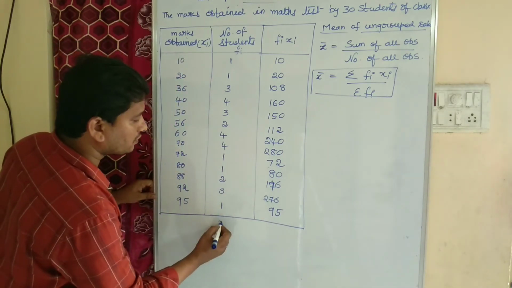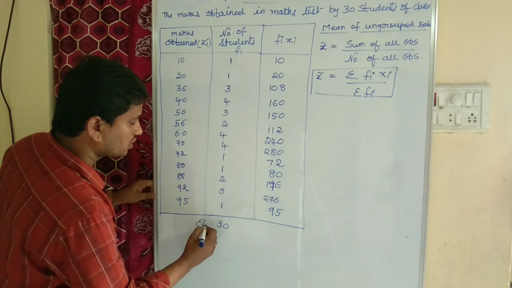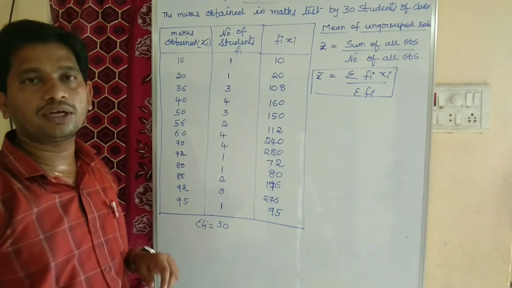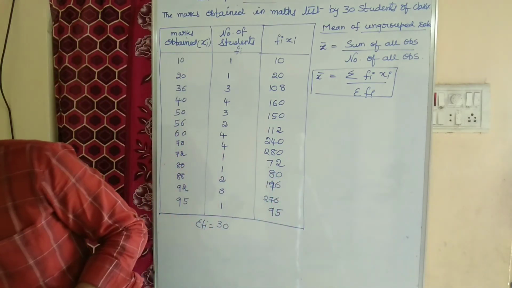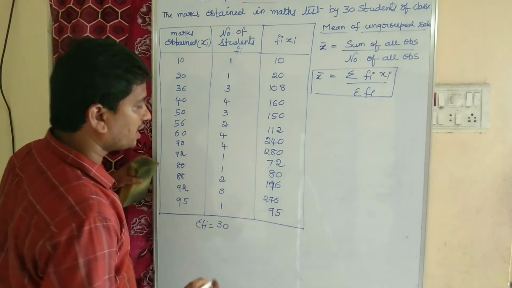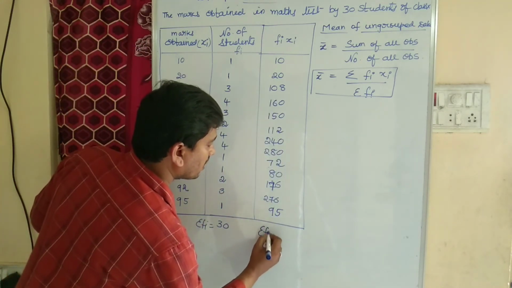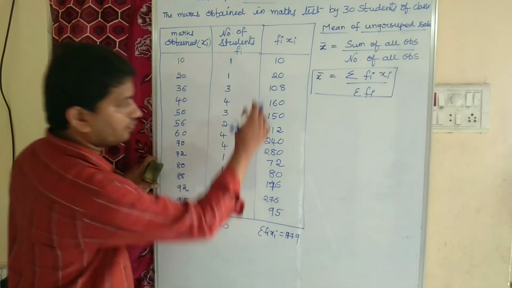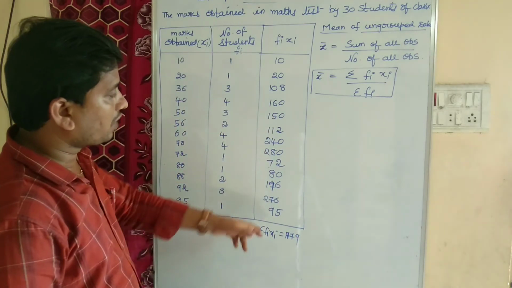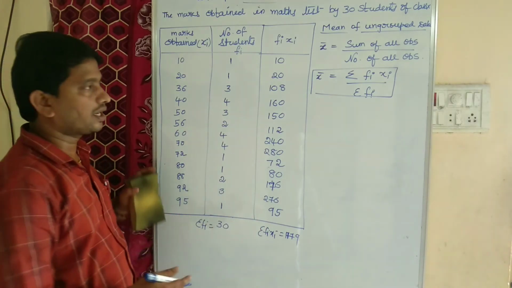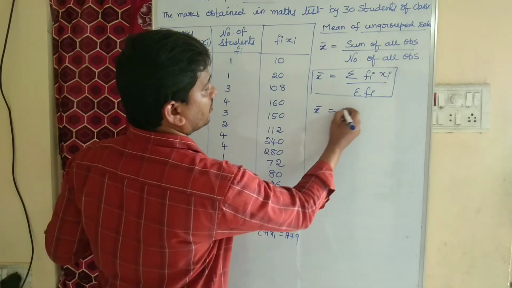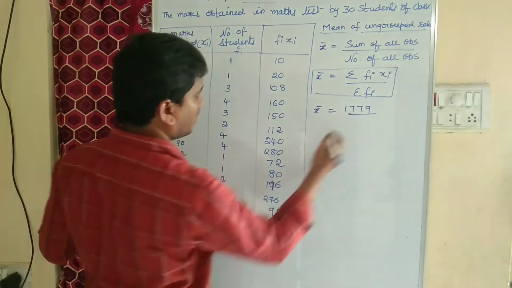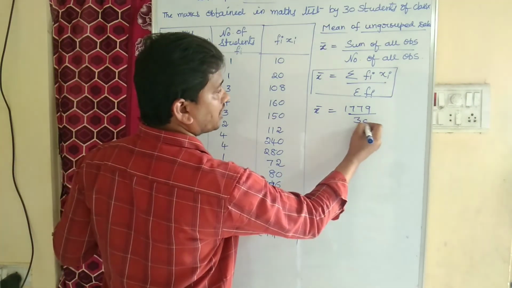Actually we know the total number of students is 30, so sigma fi equals 30. Now we have to find sigma fi xi. If we add all of this, we will get sigma fi xi is 1779. So x bar is equal to 1779 divided by 30.